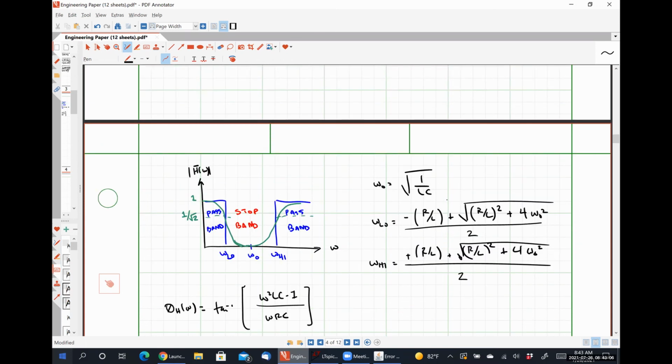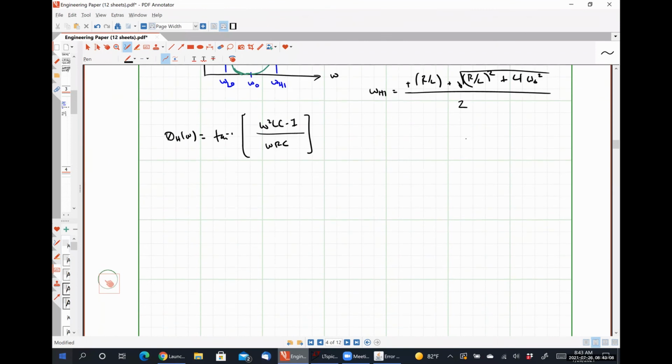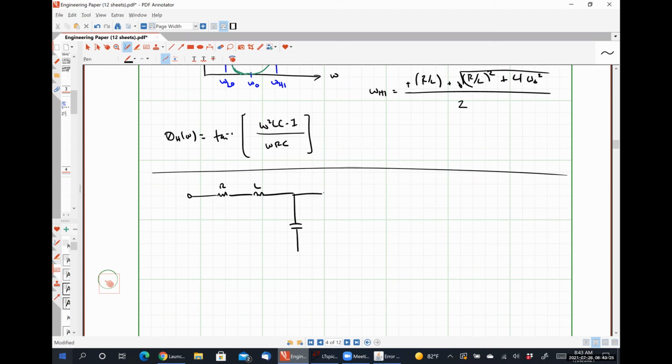Because if we took the voltage drop, we won't mathematically go through this, but what if we had this circuit? We had a resistor, an inductor, and a capacitor. Here's our in, here's our out.